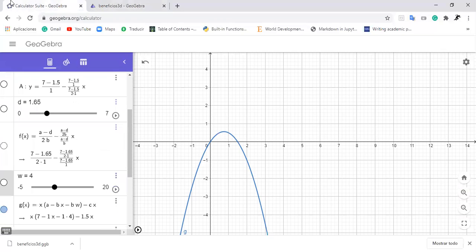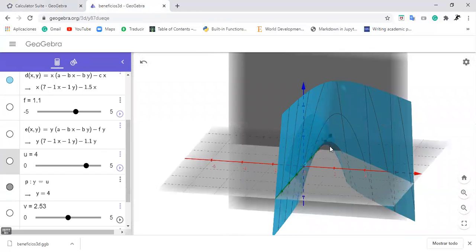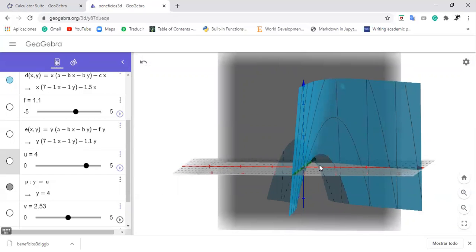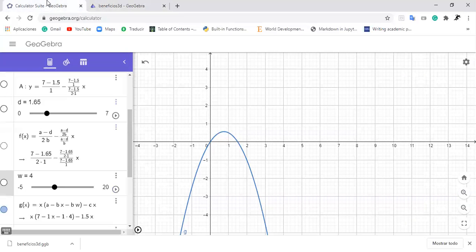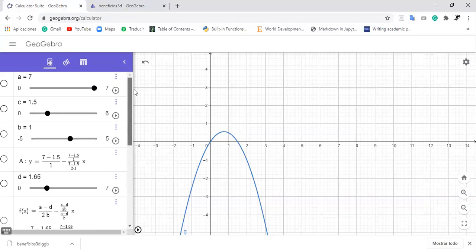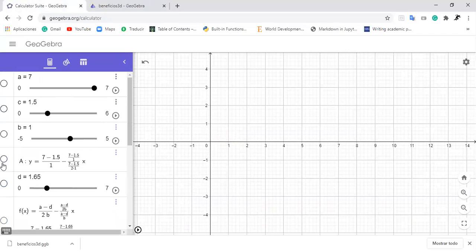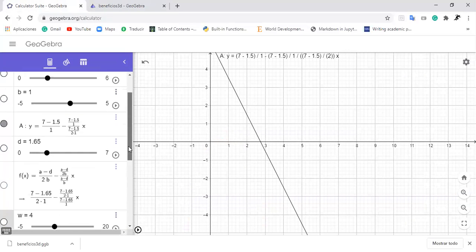This parabola is the same as this, and it is maximized at something less than 1, okay? So we have different levels of profit maximization depending on the different parabolas. And that is why we have different reaction functions. So let's go to this plane for the reaction function.